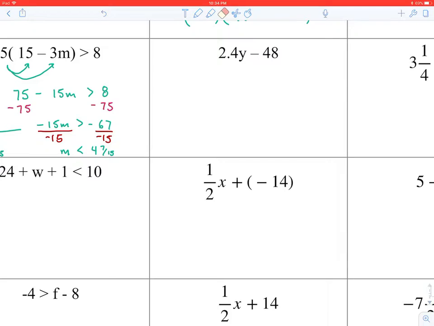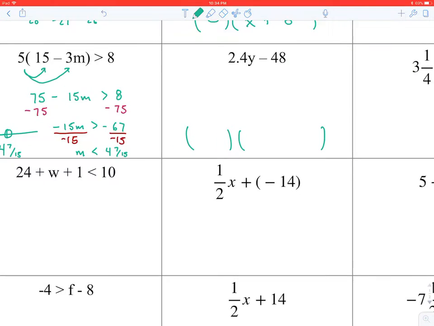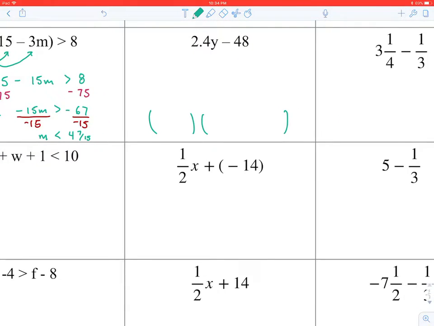On the next problem, we've got 2 and 4/10 y minus 48. So again, we're going to have two sets of parentheses, the number we take out, and then what's left over. So for this one, whenever you run into a decimal or a fraction, regularly what you're going to need to factor out is that decimal or that fraction.